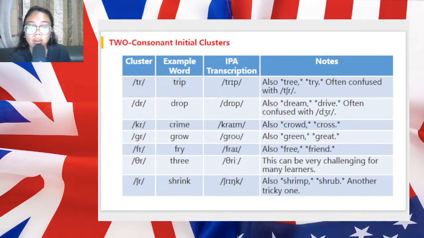So it often takes a bit more practice to get it feeling free. The blend here is also found in words like shrimp and shrub. Pay close attention to how your mouth forms that initial blend as you speak.